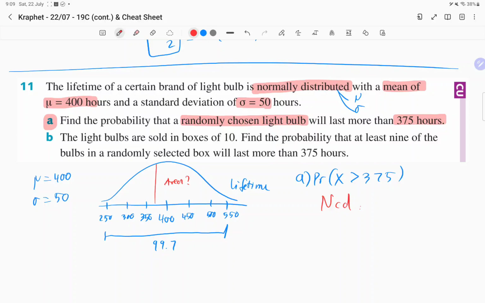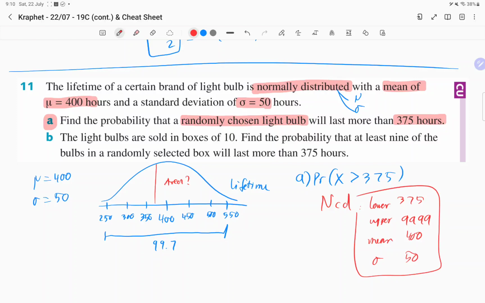The lower is 375, and upper is infinity. You can just use a really big number like 3999. The mean is 400, and sigma is 50.